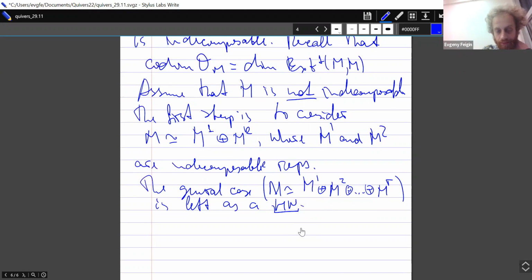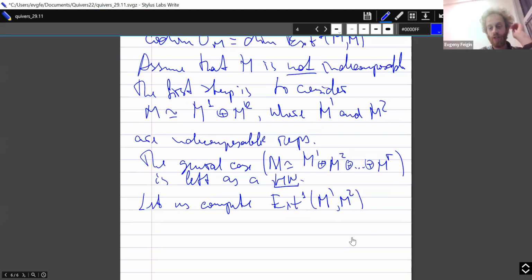So let us compute Ext^1(M1, M2). I claim, so let us actually show more precisely, that Ext^1(M1, M2) is 0. So can you explain why?